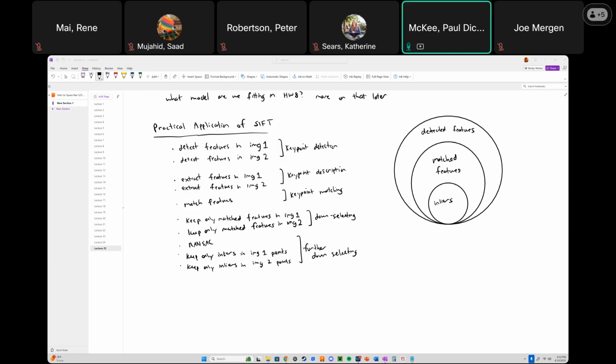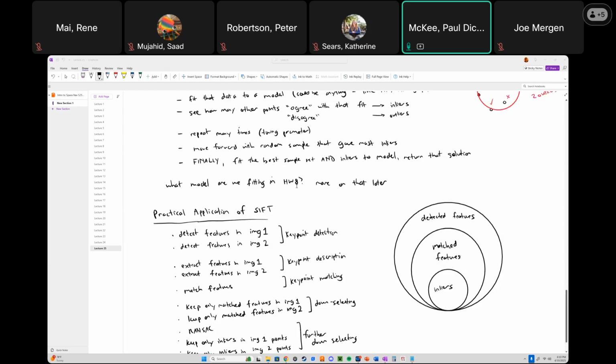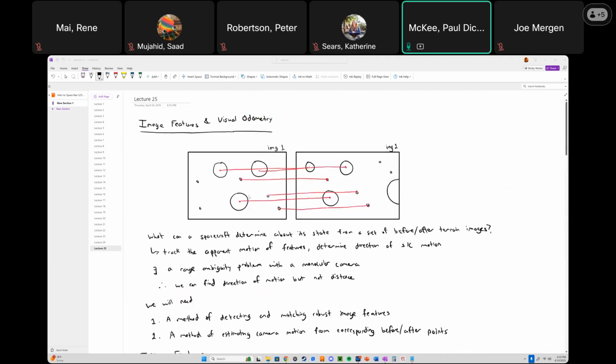So we've talked about how to get something that looks like this, which is image 1, image 2, features in image 1, features in image 2, find the correspondence between them, get rid of all the features that didn't match anything, and then get rid of all the outliers that matched in a way that didn't agree with the rest of the crowd, so to speak. Now we're here.